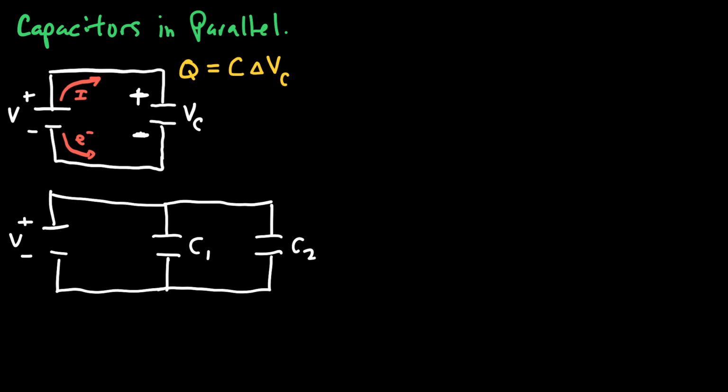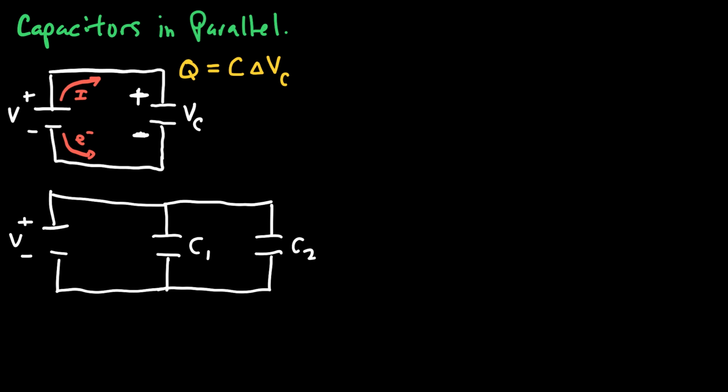I know that the two capacitors are in parallel because there are multiple paths for the current to flow. The current could flow from the battery through the branch which contains C1, or the current could flow on the larger loop which bypasses C1 and flows out to the capacitor with C2. I know that each of these capacitors is going to store a certain amount of charge.